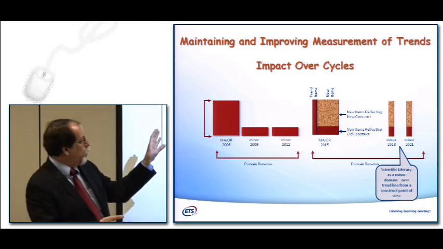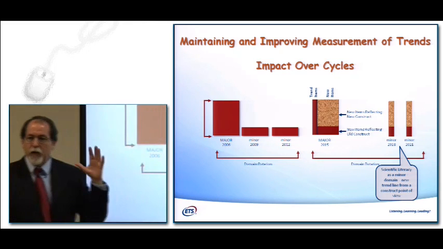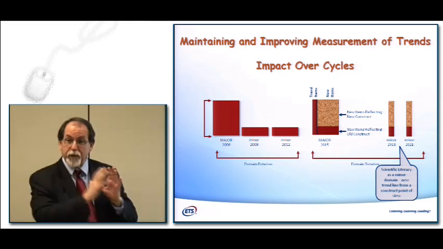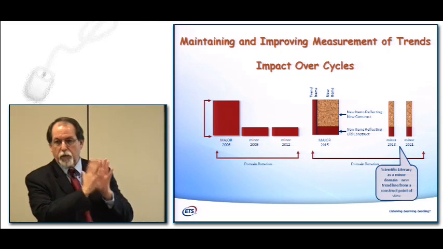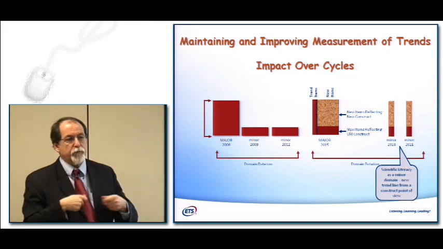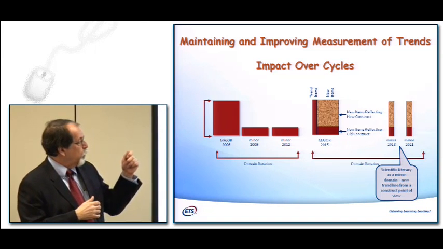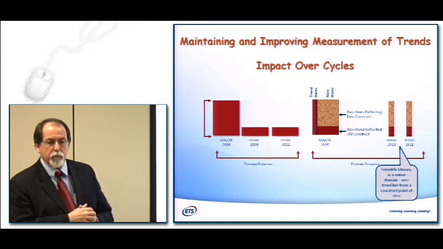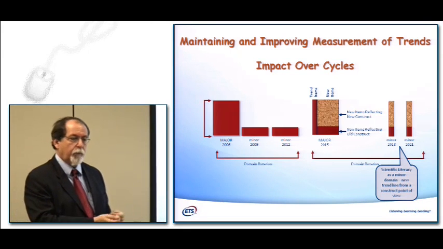So what we've tried to do is reconceptualize this 9-year cycle so that it reflects the construct, not just for the major domain, but also for the minor domain, so that the measurement is improved, the trends are stabilized, and we will apply the same criteria of comparability for PISA as we did in PIAAC.